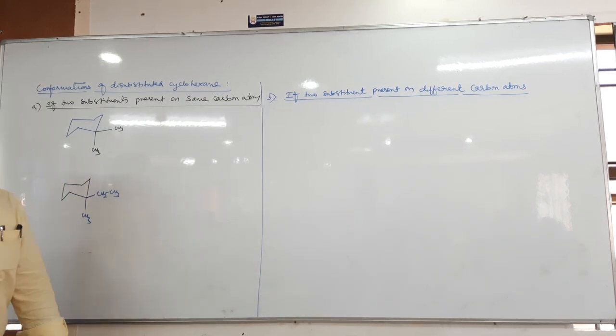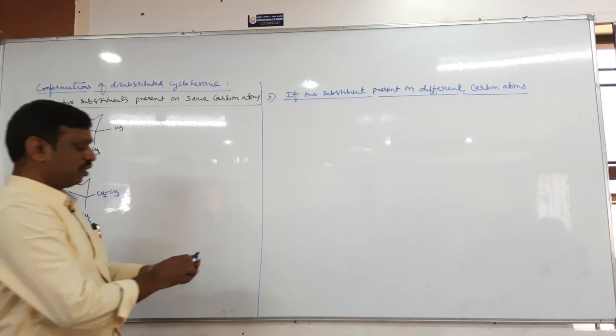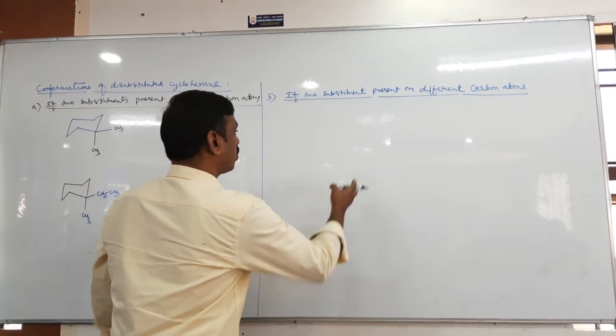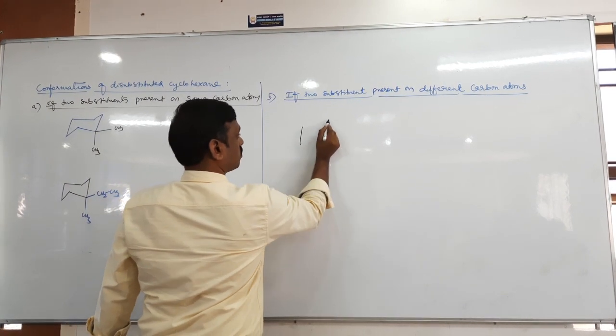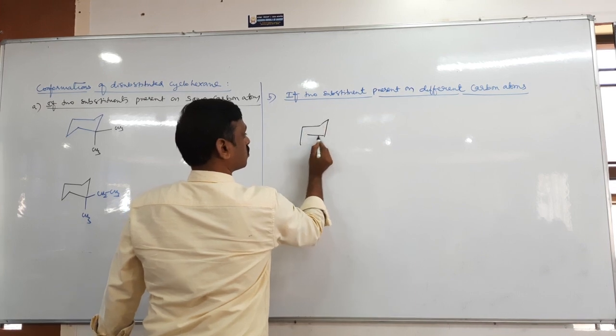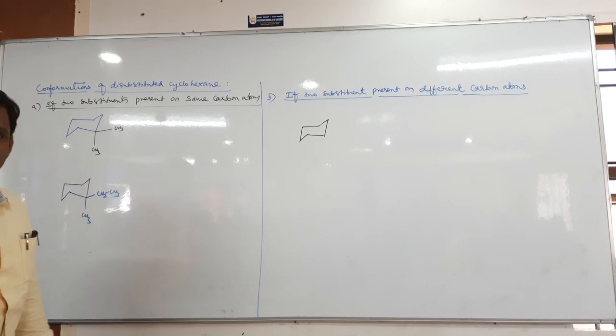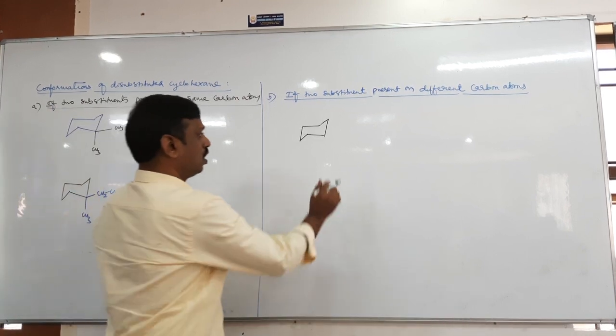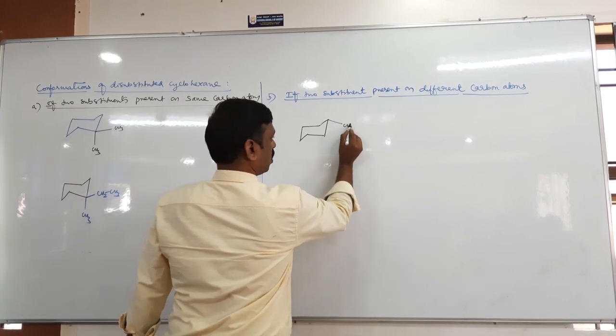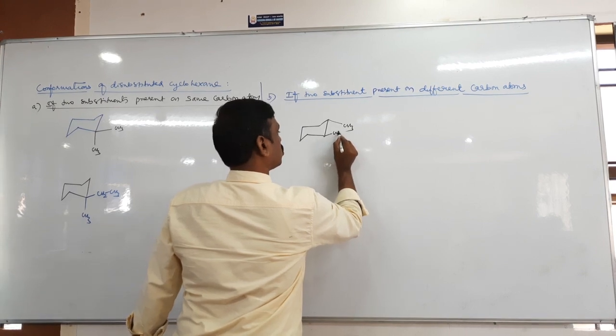They must be equatorial positions, right? They must be present on equatorial positions only. Like one is equatorial, this is also equatorial.